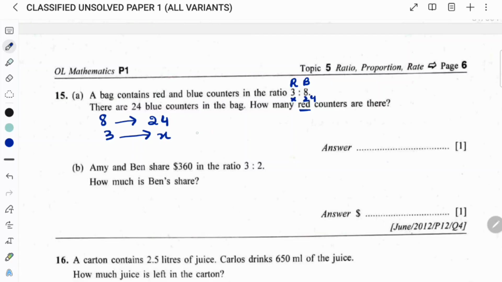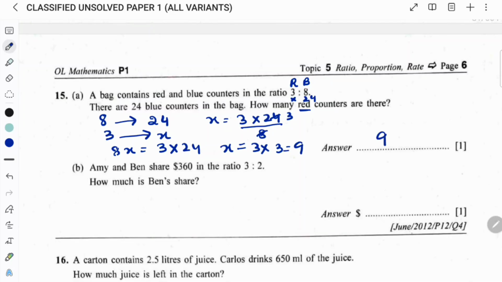Cross multiply: 8x is equal to 3 times 24, and x is equal to 3 times 24 divided by 8. Now you can easily calculate it. 3 times 8 is 24, and 3 times 3 is 9. So x is equal to 9 counters.